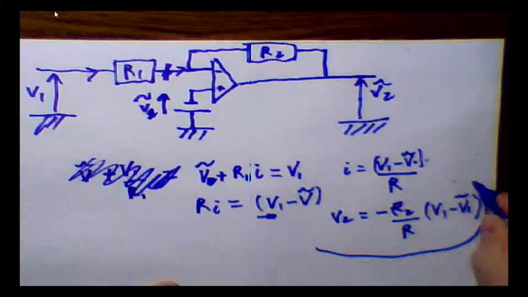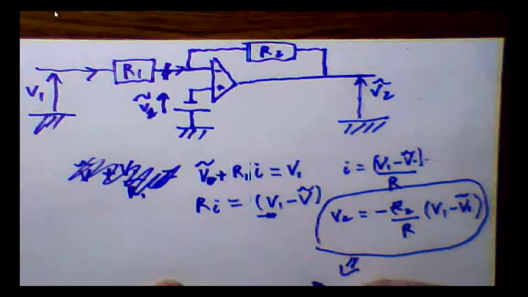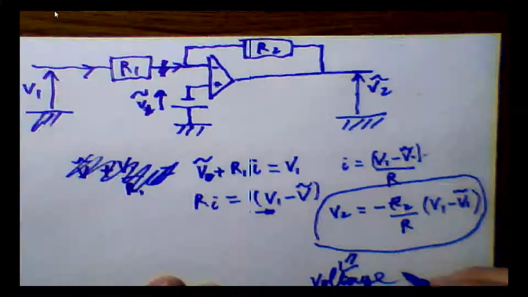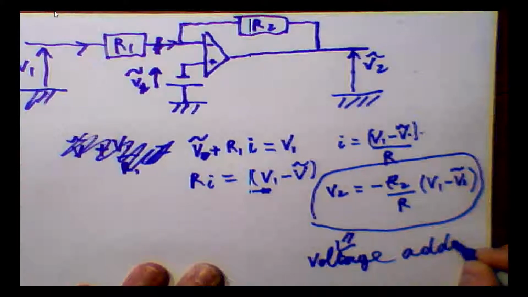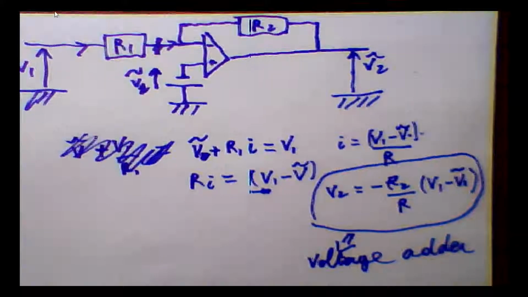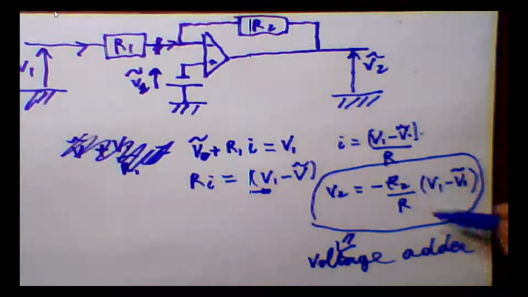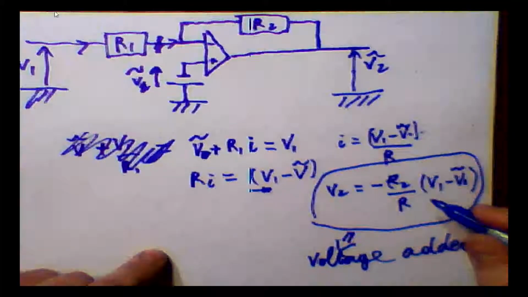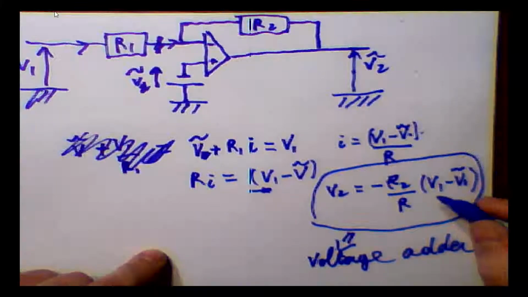Now what does this do? That is like a voltage adder. The value of this is that, of course, we add or we subtract, and we multiply by minus R2 over R1.